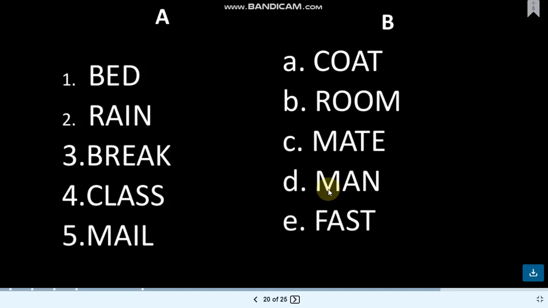Go ahead and get your copybook. I want you to write the answers on your copybook. Remember, after doing this activity, I want you to take a picture of your copybook and send it to me via comments. Okay? Very good.